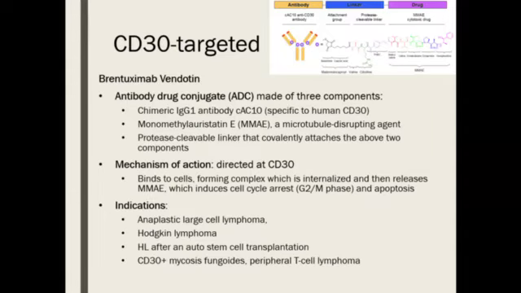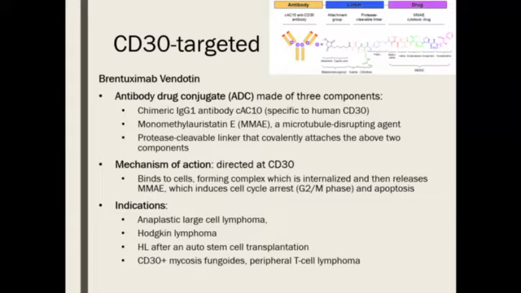I alluded to it a little bit earlier, but antibody drug conjugates are becoming more prevalent in practice, and we're going to go through several today. I think the biggest poster child, at least for a hematology population, would be brentuximab vedotin. This is an antibody drug conjugate, which I have a graphical picture of in the upper right. This has a chimeric IgG1 monoclonal antibody that is specific to CD30, so it floats around and tries to seek out CD30.